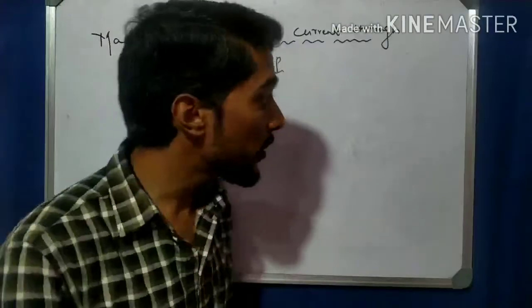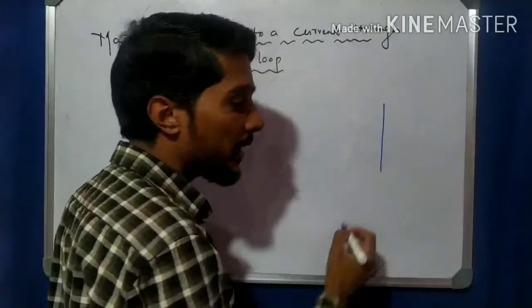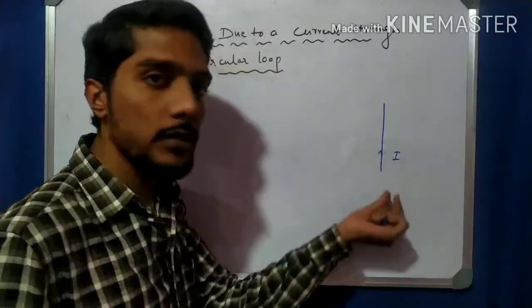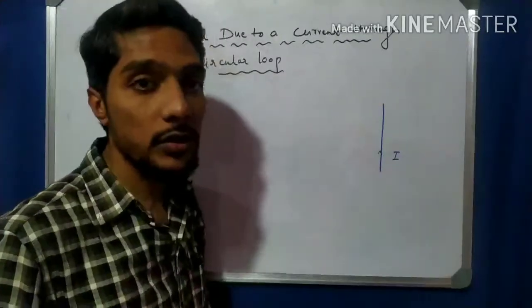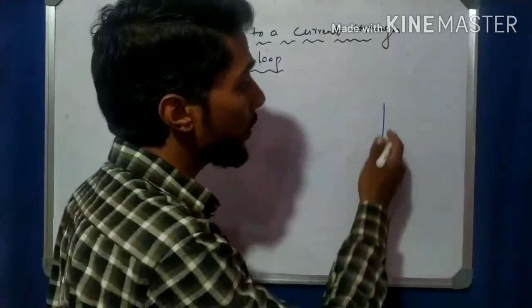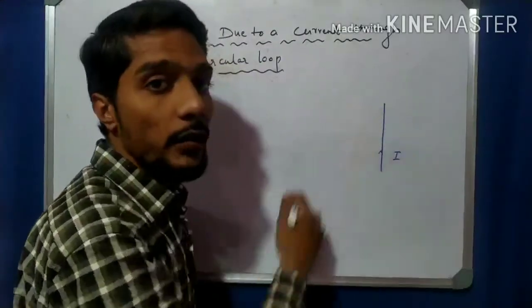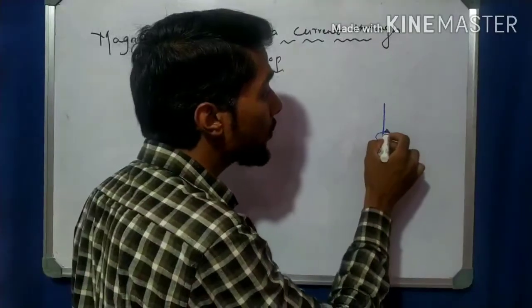We know that in a straight conductor carrying current I, whenever a current is passed through this straight conductor, we detect a magnetic field around the conductor. This magnetic field is in the form of concentric circles.